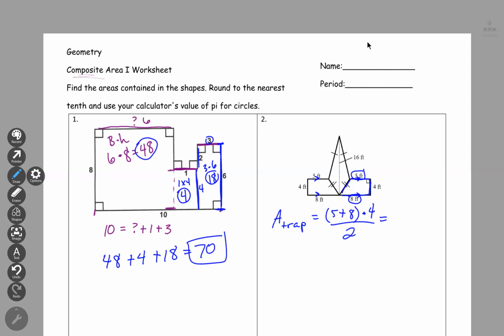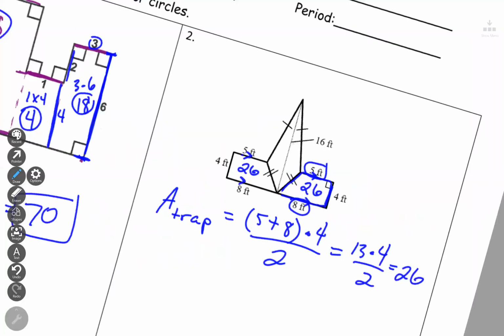So 8 plus 5, 13. Do times 4 and divide by 2. So I do 13 times 4, I get 52. Divide that by 2, and you get 26. So this trapezoid is 26, and this trapezoid over here is also 26. So that's the area of your trapezoids.